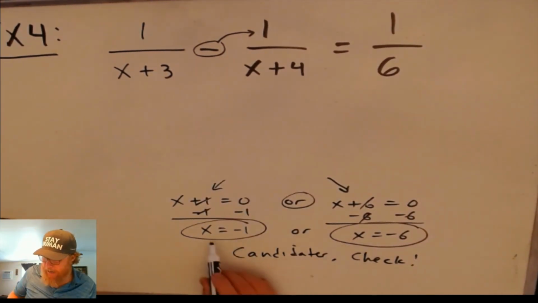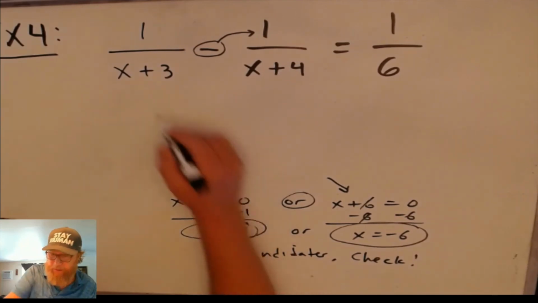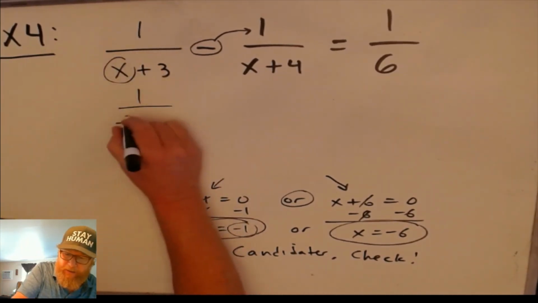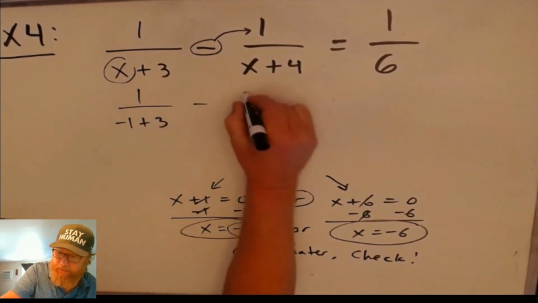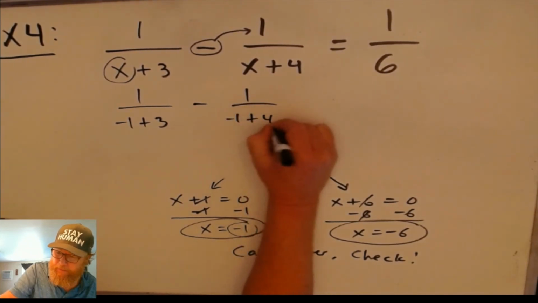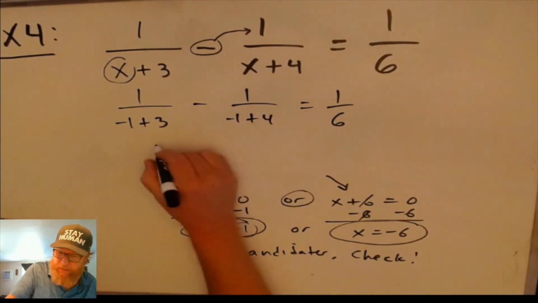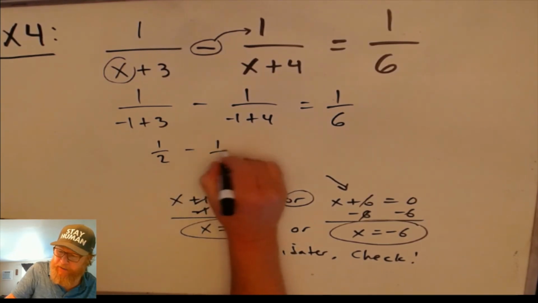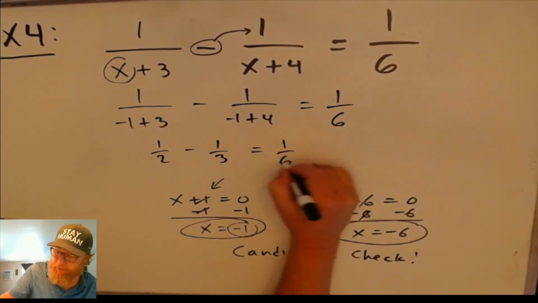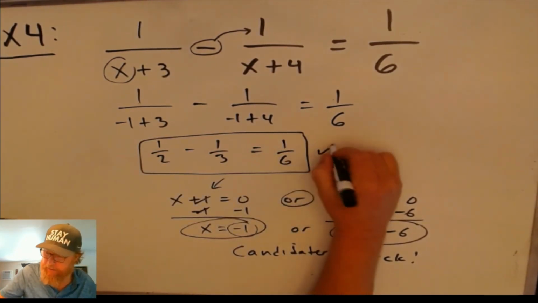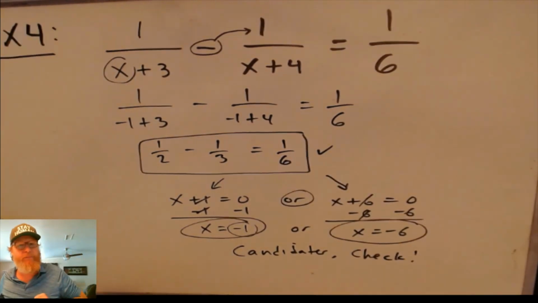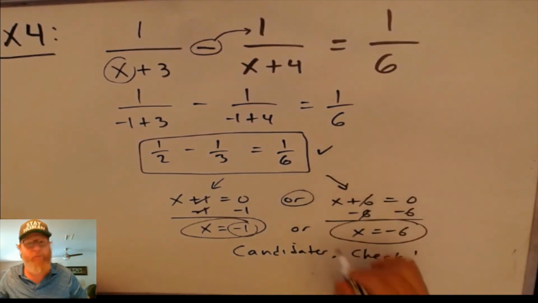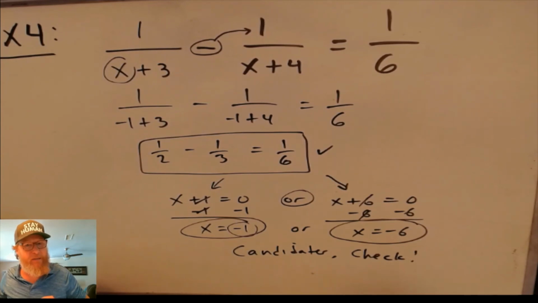Let's try x equals -1. So we're going to plug it in right here. So you're going to get 1/2 minus 1/3 is equal to 1/6. That's actually true. Check. 1/2 minus 1/3 is 1/6.